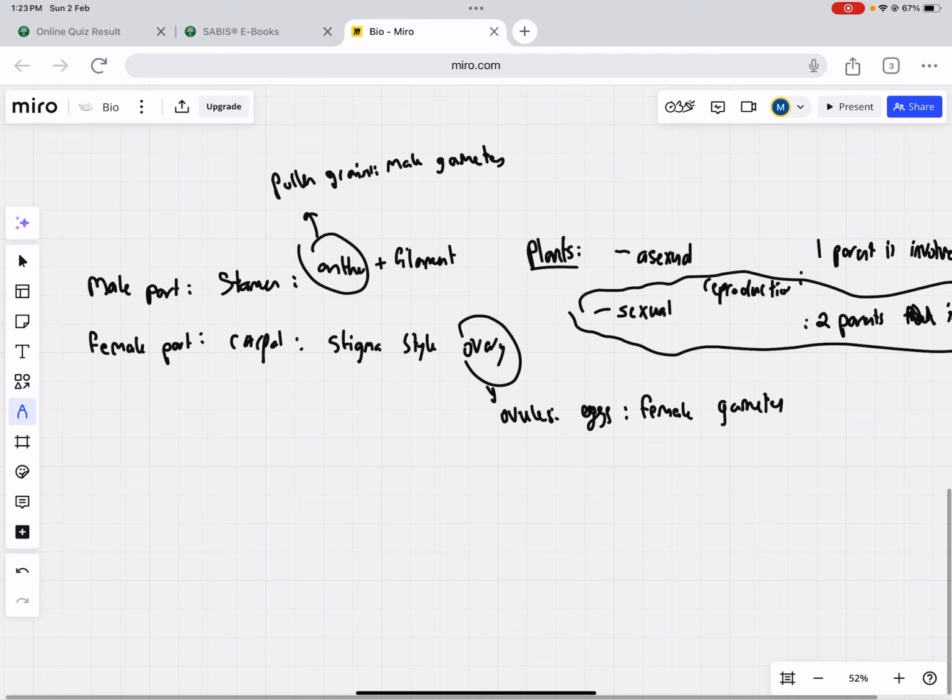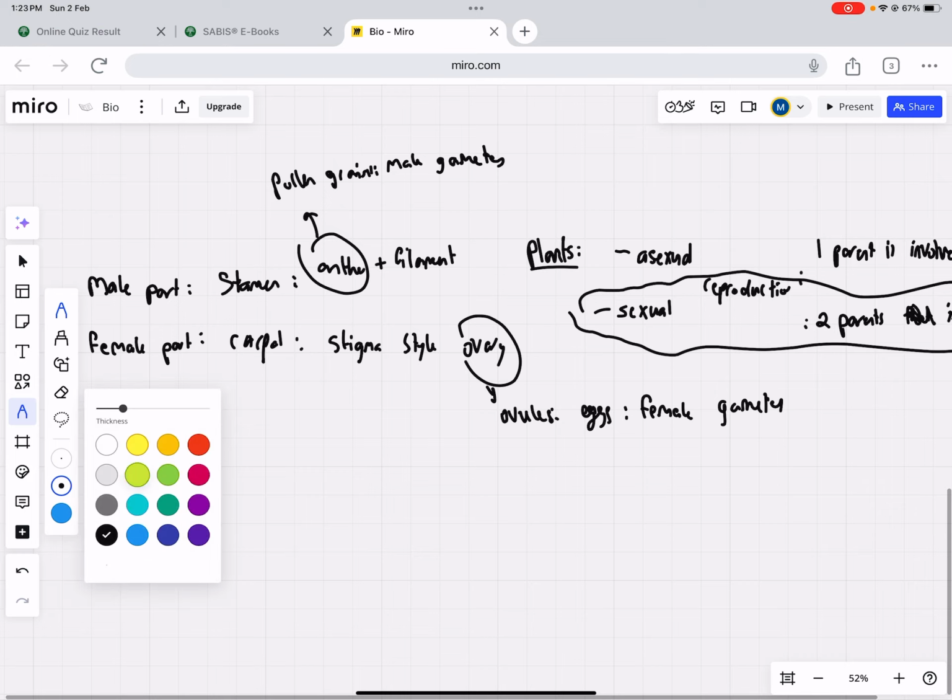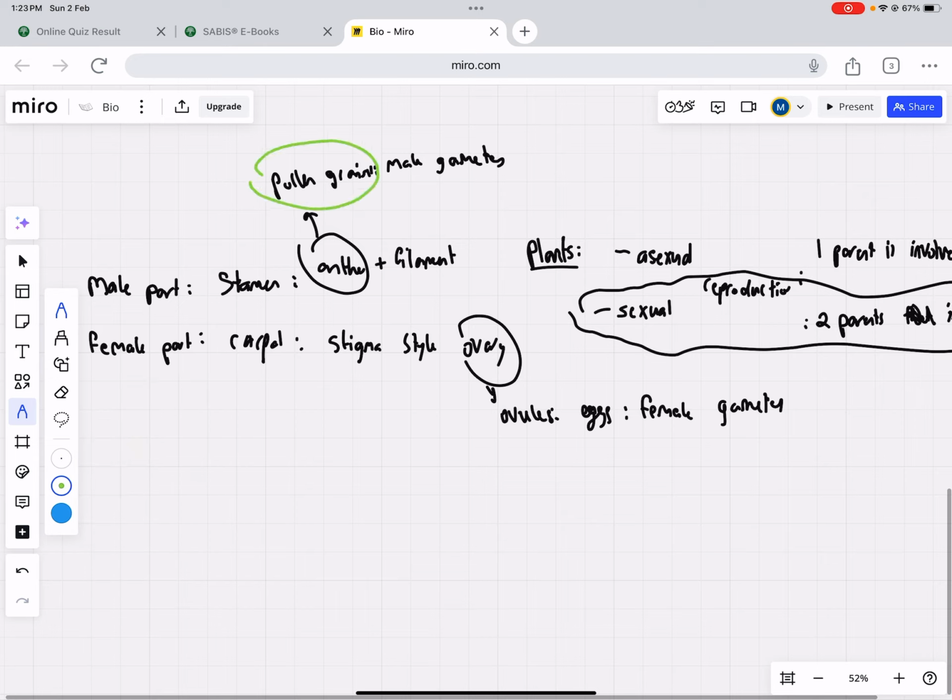Now, what's our purpose for this? What we want to happen is we want the pollen from the male part to reach where? To reach the eggs, which are the female gametes, and I want them to fuse together.